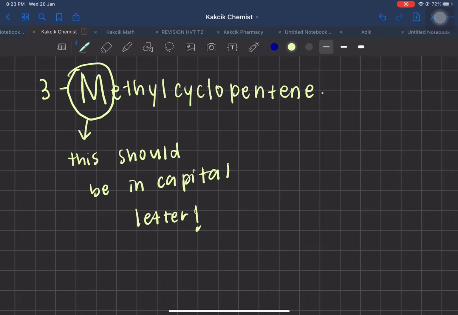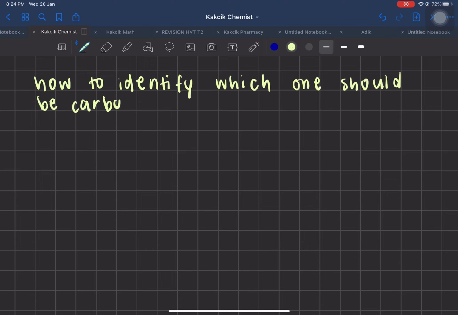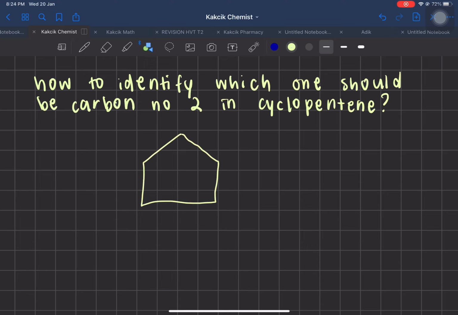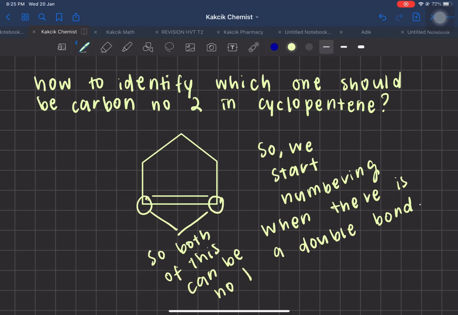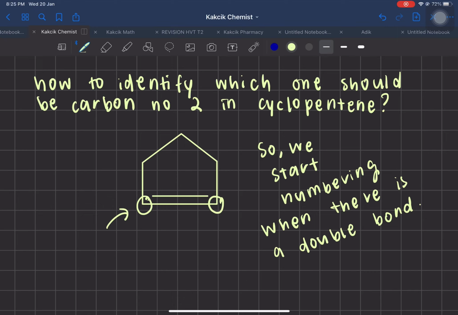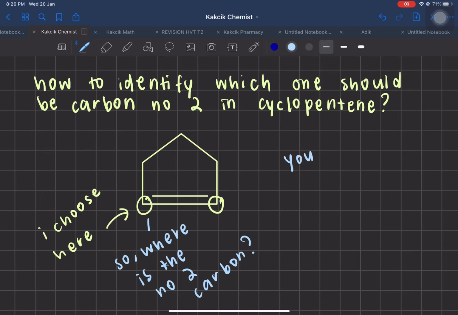Okay, so macam nak identify yang mana satu yang kena jadi carbon number 2 in cyclopentene. Okay, bila kita nampak double bond tu, so both of that bucu, antara dua bucu tu, dua-dua tu boleh jadi number 1. Okay, tapi I choose there, so 1. So where is the carbon number 2?